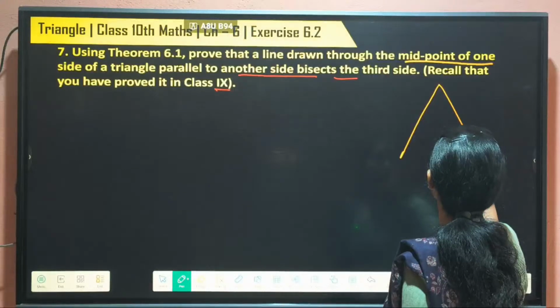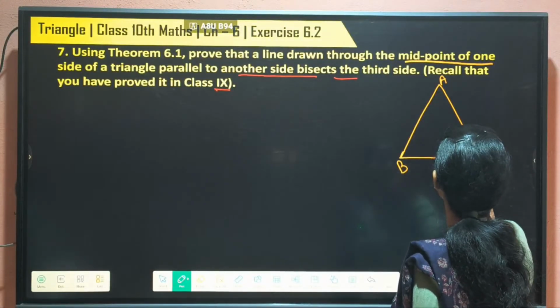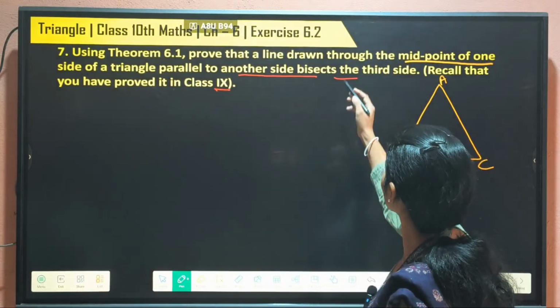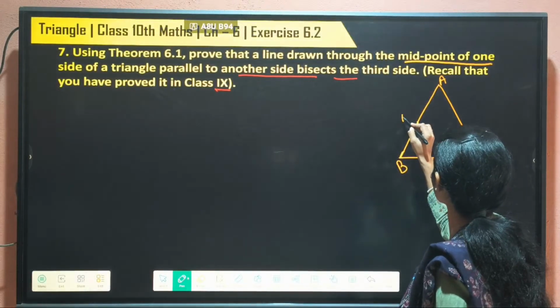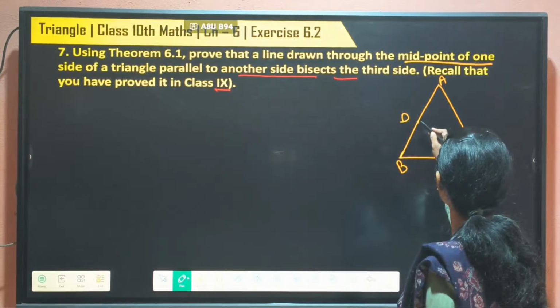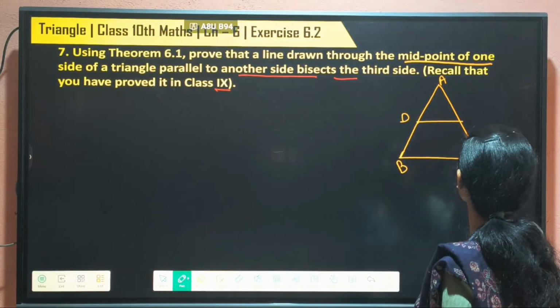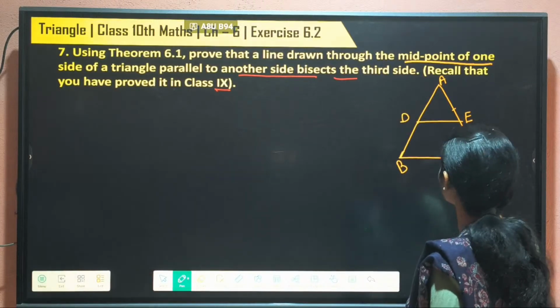Consider ABC a triangle. If a line is drawn through the midpoint of one side of a triangle, let us consider D is the midpoint of AB. If a line is drawn parallel to BC, say this point is E, it will bisect the third side.